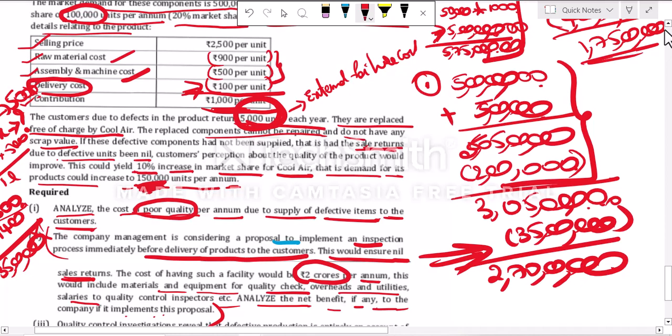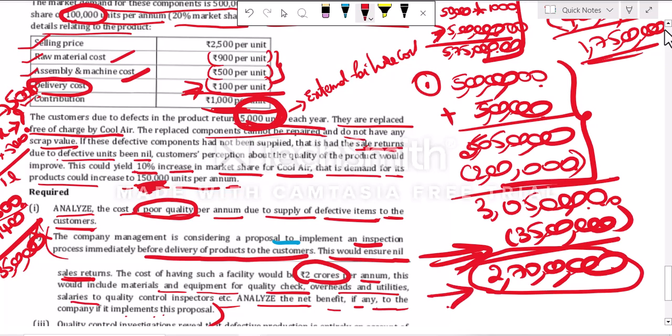See, in the first scenario, if they do inspection after production but before delivery to the customer, they can save 2 crore 70 lakhs. But in the second situation, that is they inspect at raw material stage only, they will save 1 crore 75 lakhs. Obviously from a profitability point of view, which is better? 2 crore 75 lakhs. Okay, this is the first answer.